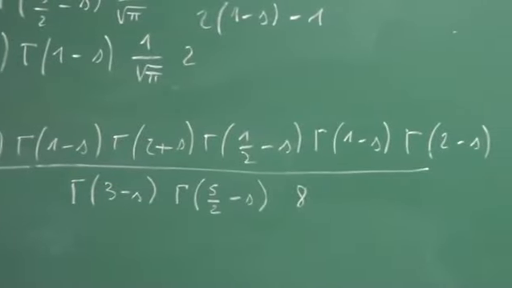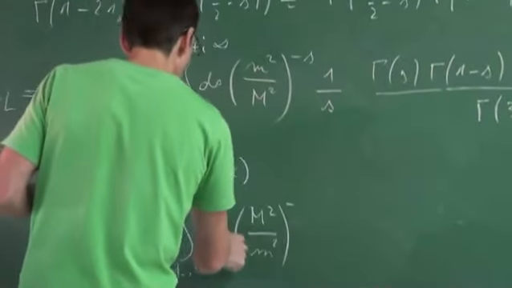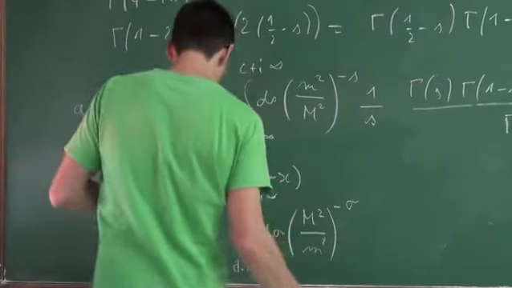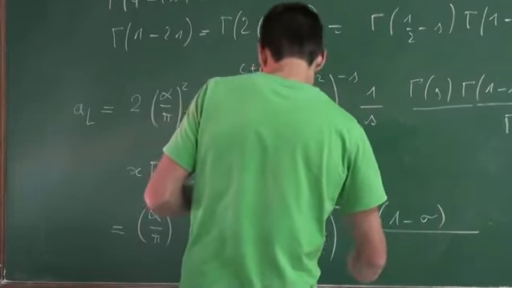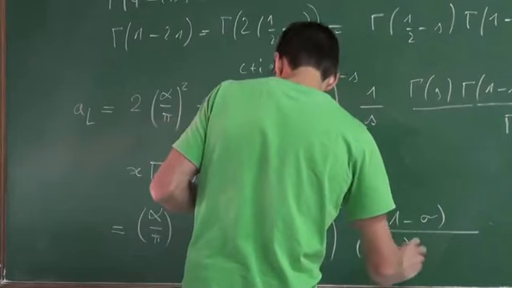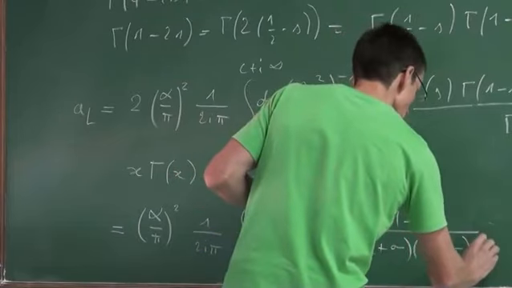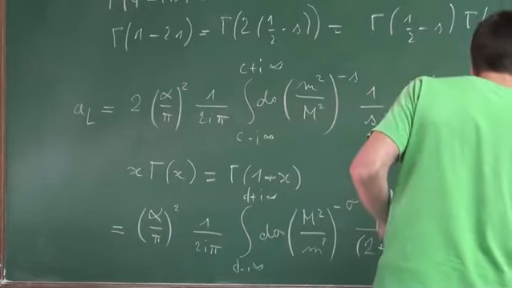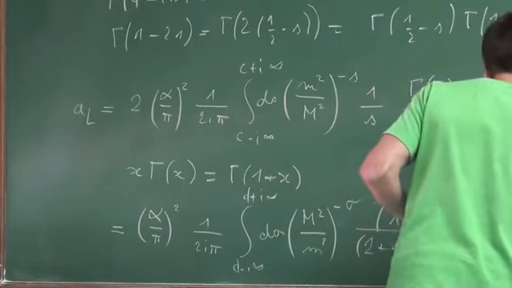S and square over n square power minus, I will put sigma here, okay? Minus sigma, 1 minus sigma over 2 plus sigma and 2 plus 2 sigma times 1 plus 2 sigma, multiplied by pi over sine pi s squared.